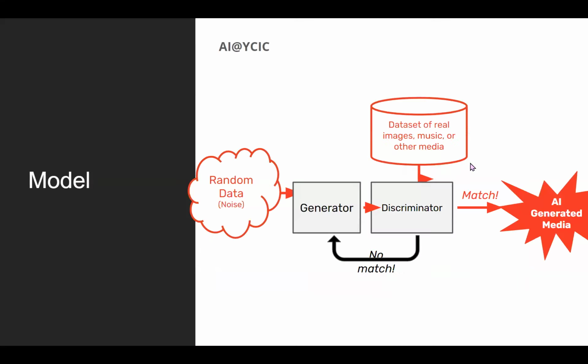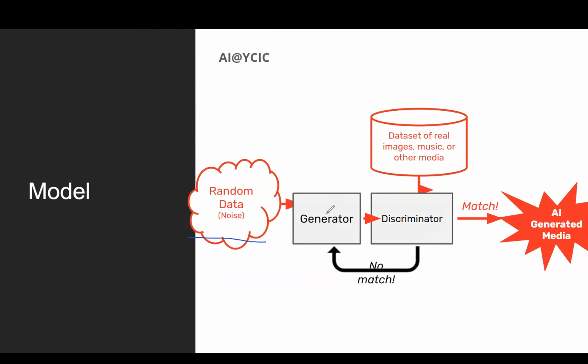So this is kind of like a model. The generator learns from the data set, which is just random pieces of media. For example, if you ask the generator to generate an animal or something, then the generator would look at thousands of pictures of animals and study their patterns, like fur shape, color, facial expressions.